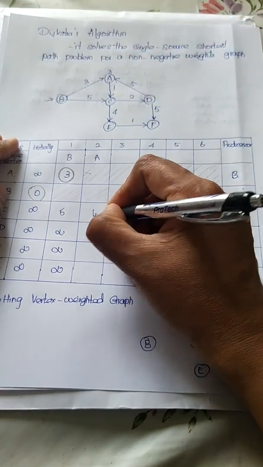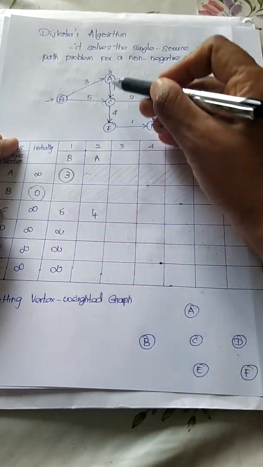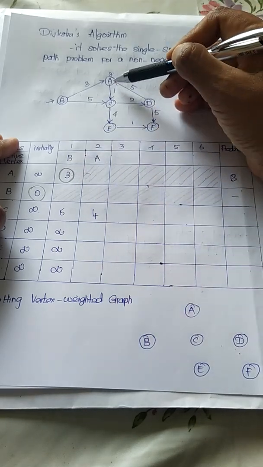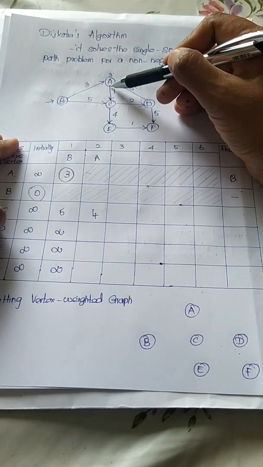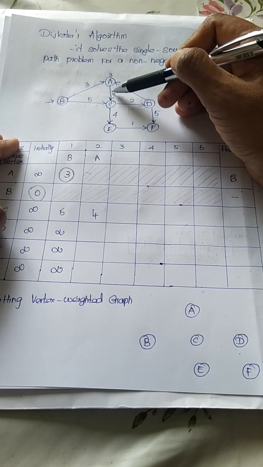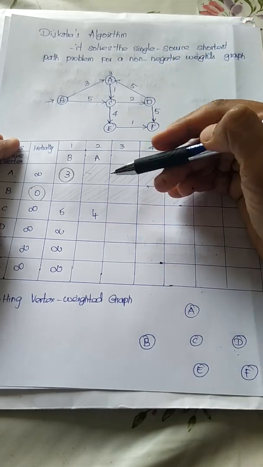So 3 plus 1 is 4. Remember how I get 4? It's not the edge cost of A to C only. The cost of A plus the weight of the edge: 3 plus 1, 4.